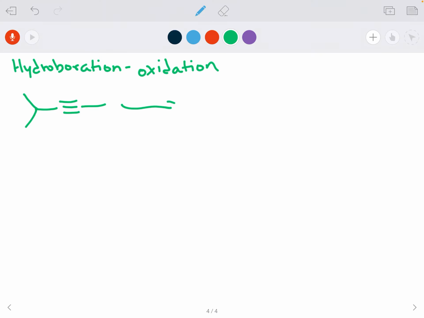So the reactants for this, I have BH3 in tetrahydrofuran, or THF, and then hydrogen peroxide and NaOH and water. Draw the arrow a little bit longer since we have more reactants.